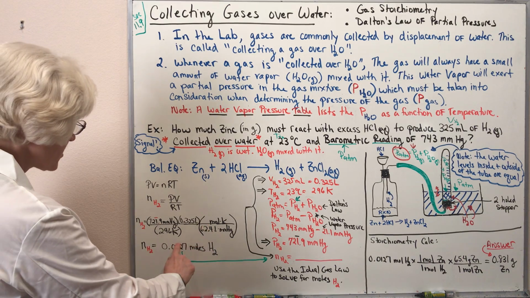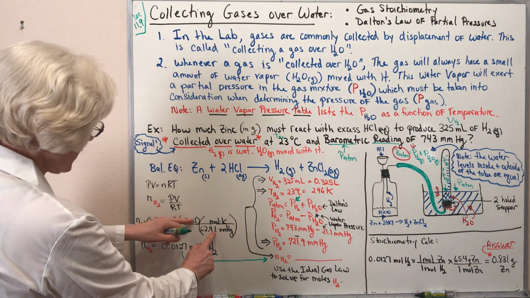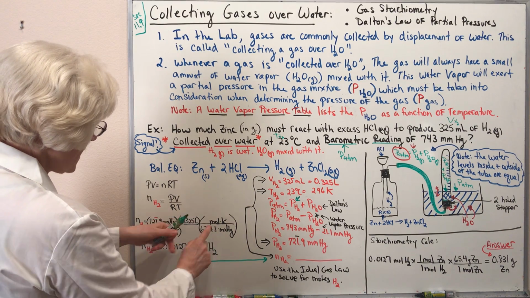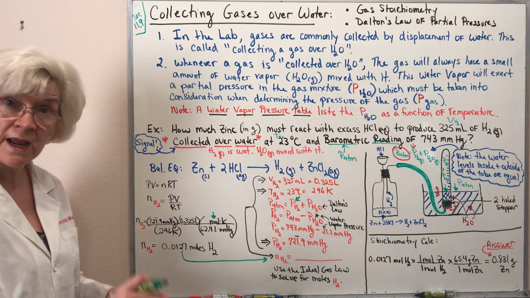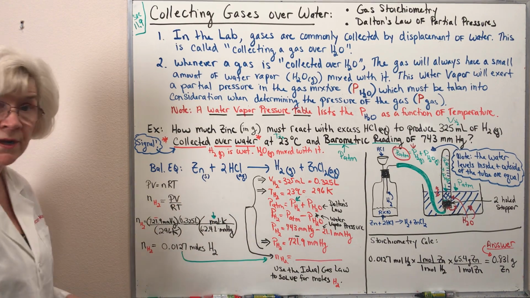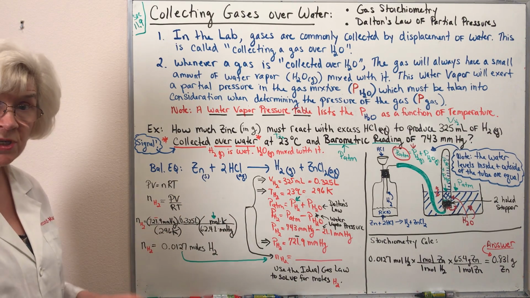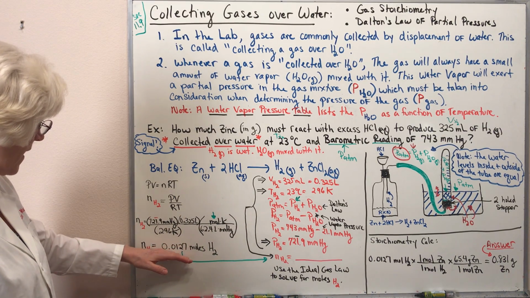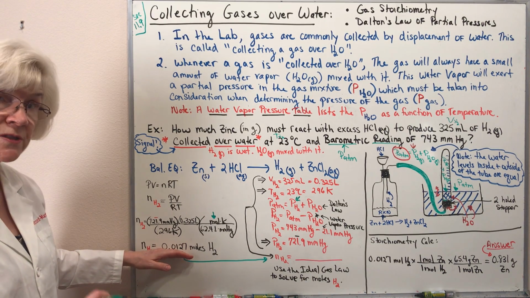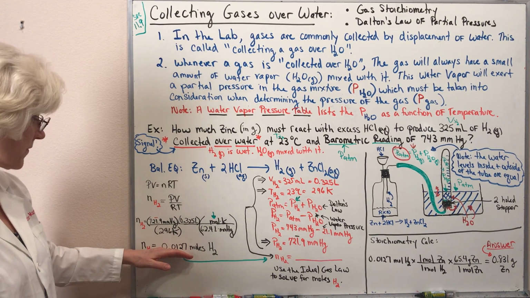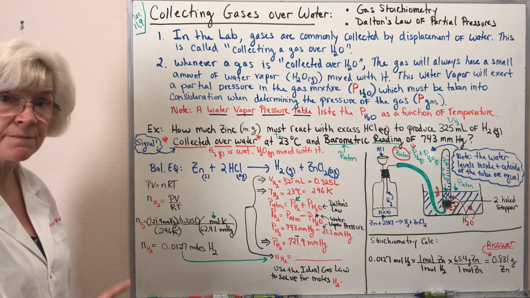Just looking at the dimensional analysis, I see Kelvin is canceling, millimeters of mercury, liters is canceling, and I am going to get a unit of moles, which is what I'm looking for, in the numerator where it should be. And when I do this calculation on the calculator, I got 0.0127 moles of hydrogen.